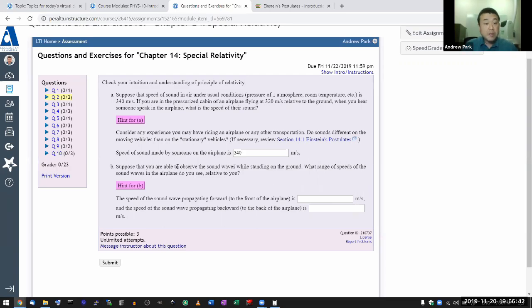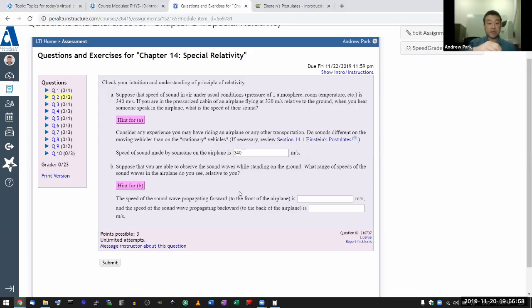Now, the one interesting thing about this particular setup is that you have a medium itself that's moving relative to another reference frame.